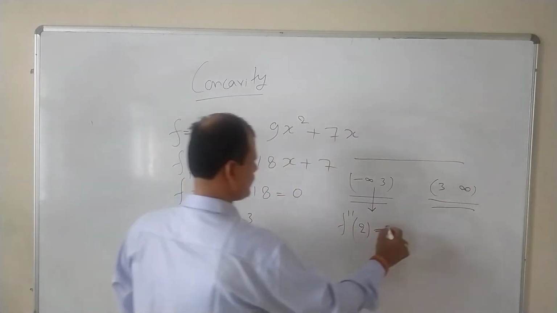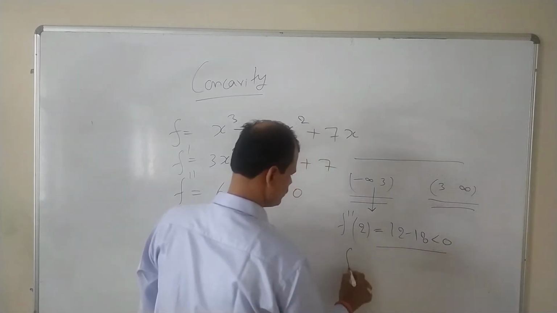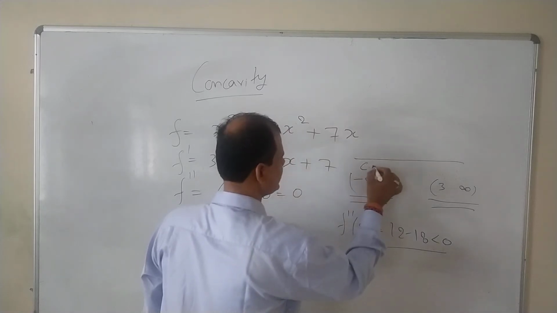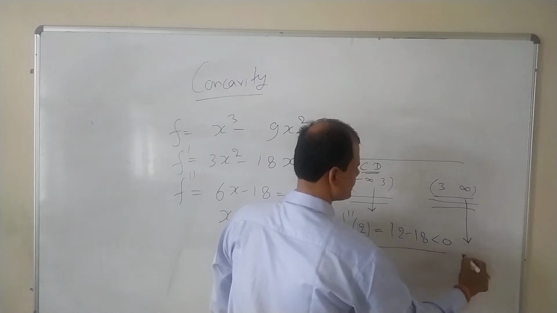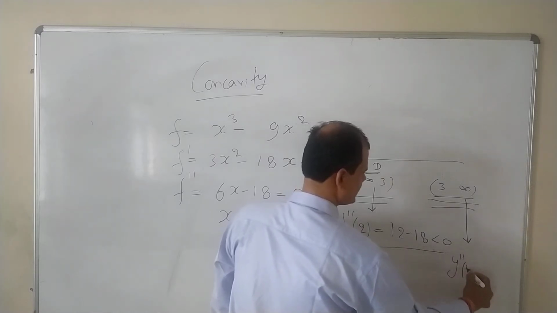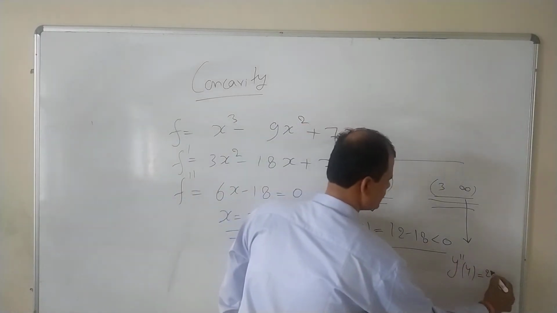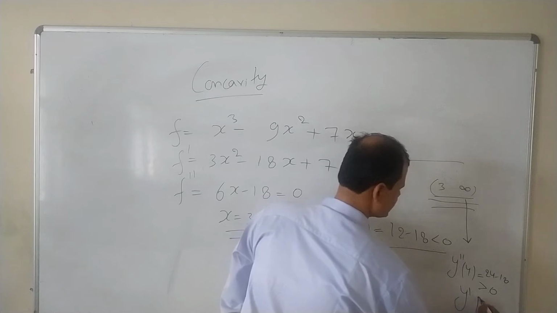So what will we get? 12 minus 18, less than 0. So your f dash is a decreasing function. So this is your concave down. Fine. Here I'll take 4. So what is your y double dash? y double dash at 4 is 6x, meaning 24 minus 18, positive. So your y dash is an increasing function.